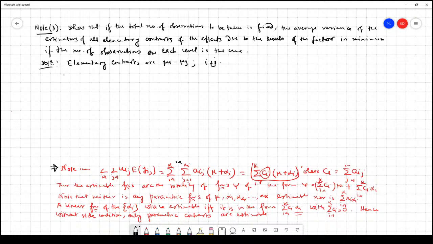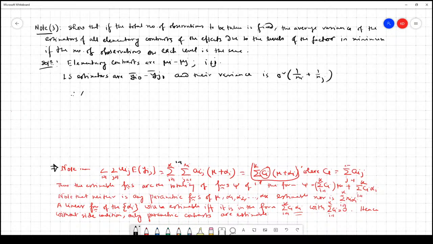And we know the least square estimators are yi naught bar minus yj naught bar, and their variance, we already computed this, is 1 by ni plus 1 by nj.